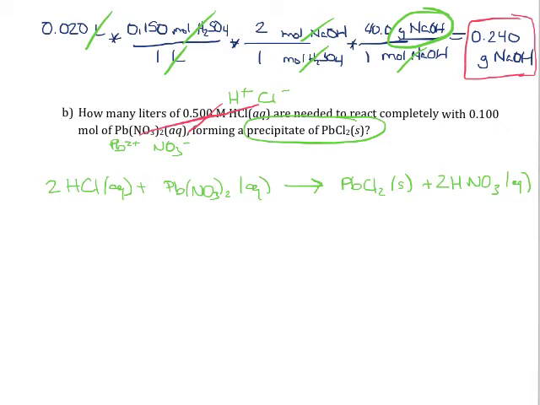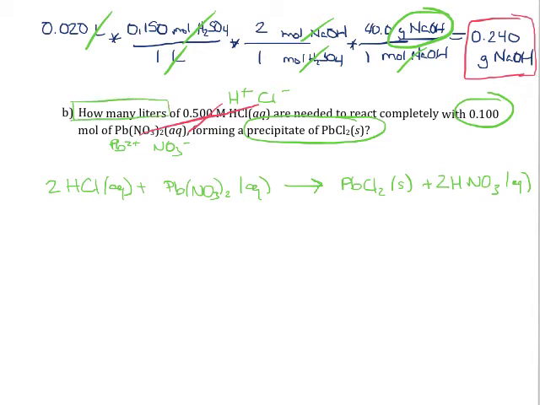So let's think about what our game plan is. We know that we are starting with that 0.1 mole of the lead nitrate, and they're asking us how many liters.